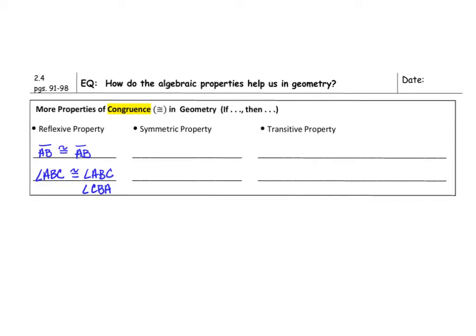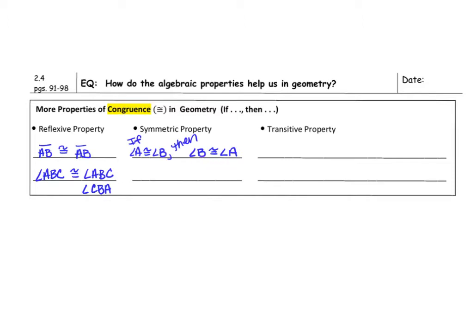So for symmetric property, we're going to continue with our if-then statement. So if angle A is congruent to angle B, then angle B is congruent to angle A. So again, all we're doing is switching the order.